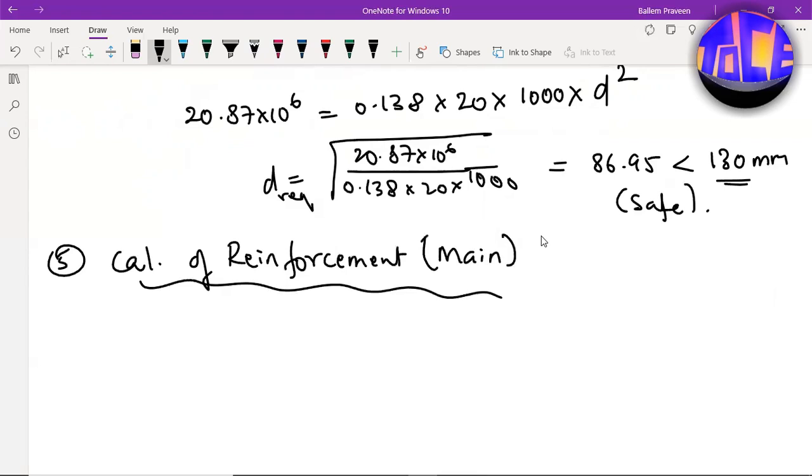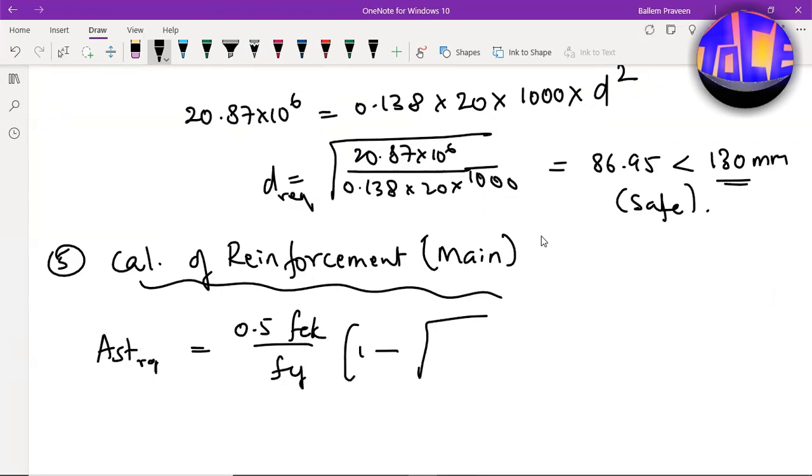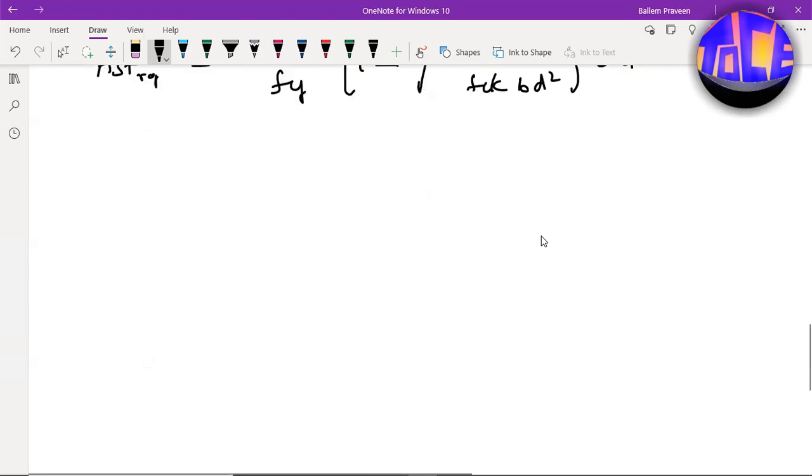To find out the Ast required, you can use 0.5 fck by fy into 1 minus under root 1 minus 4.6 Mu divided by fck bd square, into b into d.